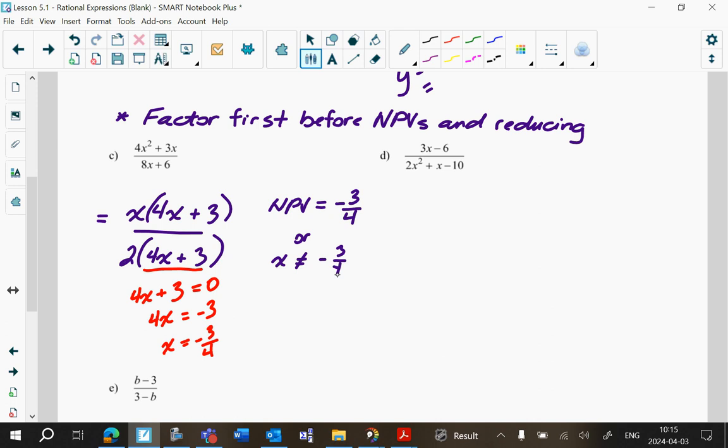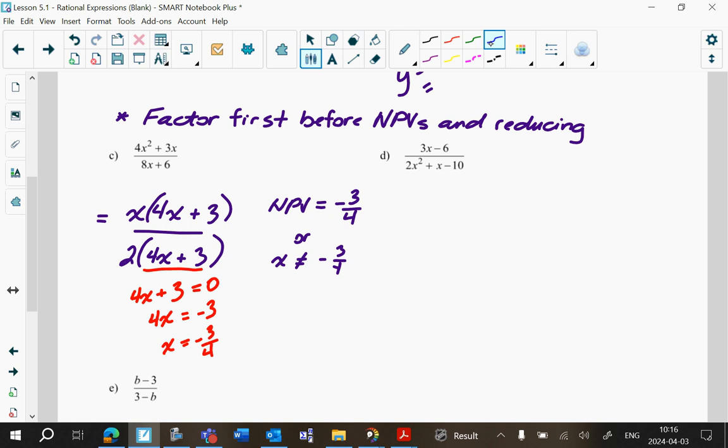Now, let's start slashing what's common. What do you see that's the same on the top and bottom? I don't see a 3 there. I see 3 as connected with something else. It's in parentheses. You can't take things out of parentheses and cancel them.